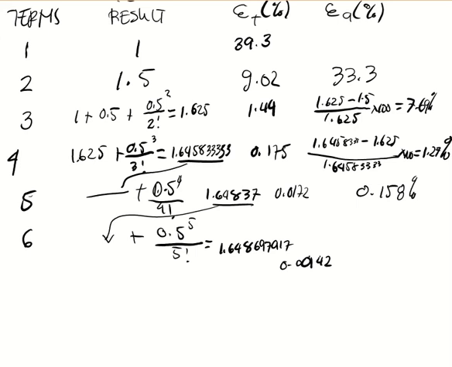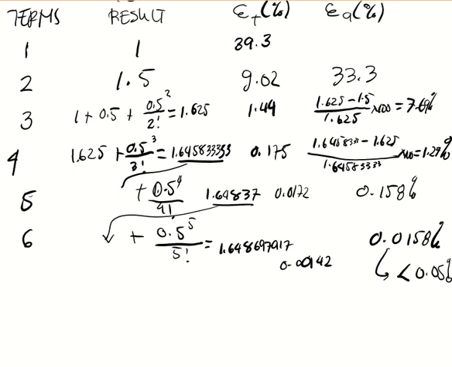And for the approximate error, 1.648697917 minus 1.64837, the answer here is 0.0158%. Now if you compare with our stopping criterion, which is 0.05%, we can now stop, because this is less than 0.05% already.